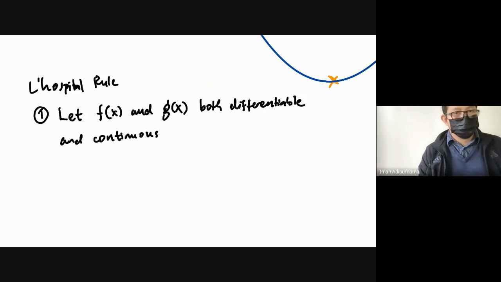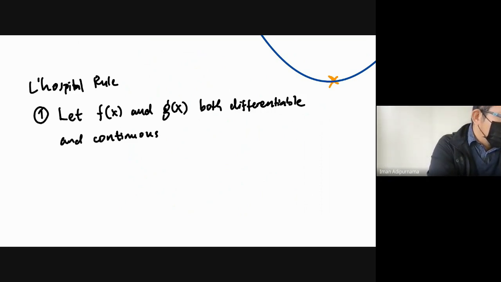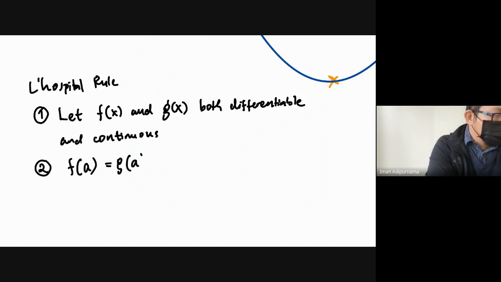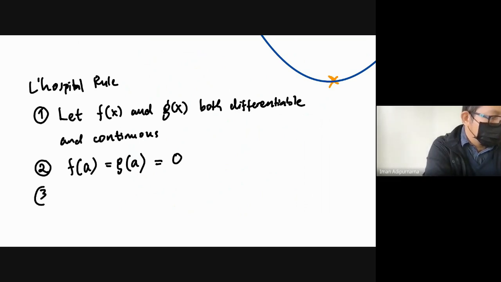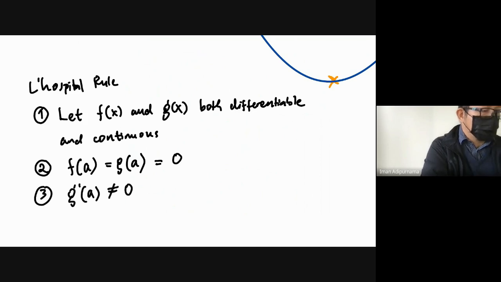So we need these two properties. And let's say if we plug in some a, this will equal 0. And the third requirement is that the first derivative of g at a, g prime of a, should not be equal to 0.